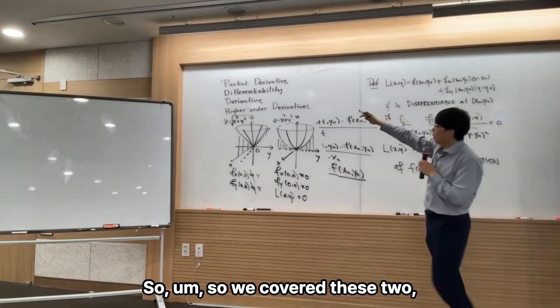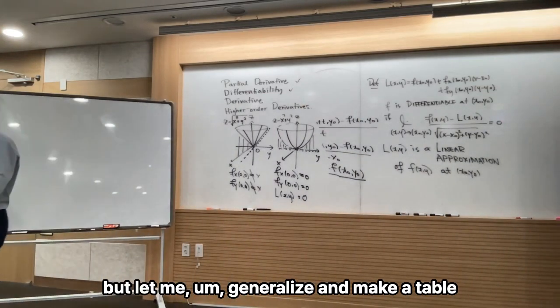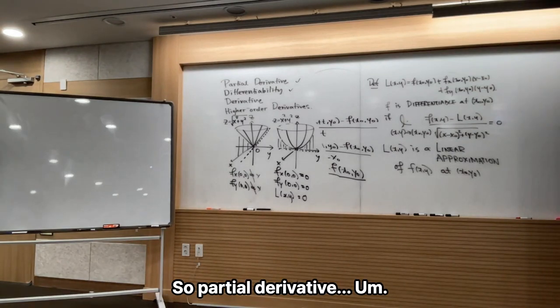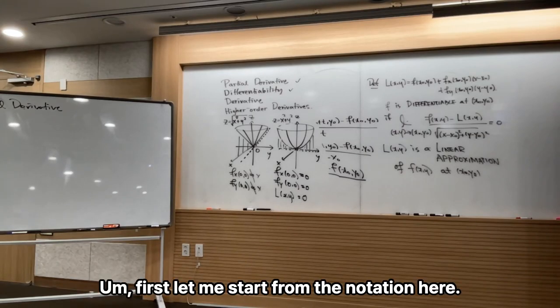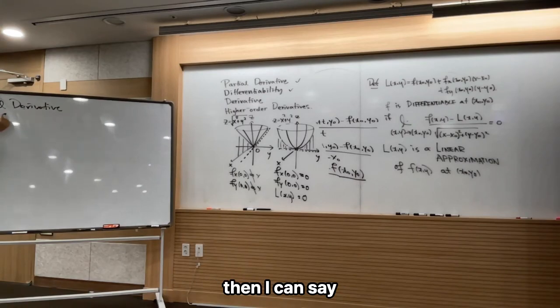So we covered this too, but let me generalize and make a table of these two concepts here. So partial derivative. The situation is the same for a several variable function, a multivariable function. First, let me start from the notation here. So as I said, if I have f of x and y, then I can say it's a partial derivative.